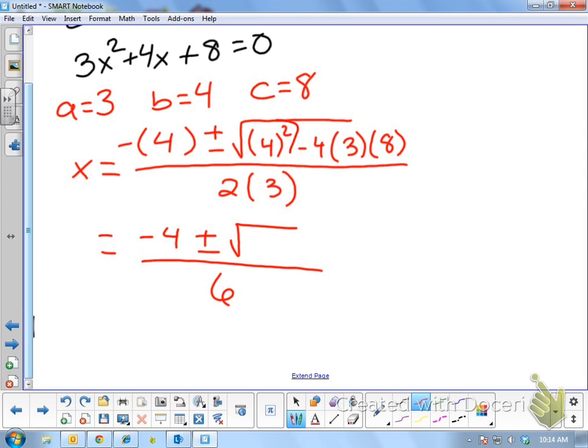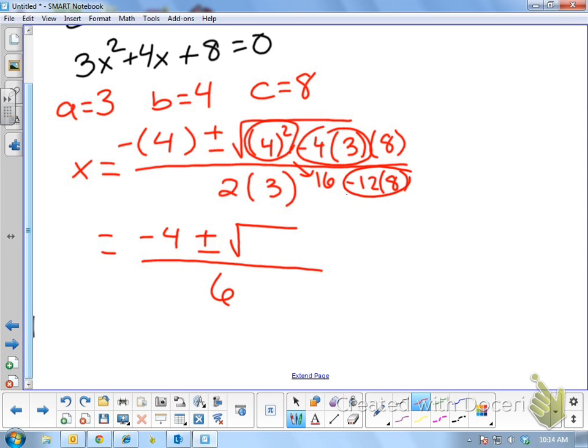First, we square this number. What is 4 squared? 16. I'm just going to write the work a little bit below, just so we don't have to keep writing the full quadratic formula over and over again. Then we multiply negative 4 times 3. Negative 12. And then the 8 is still there.